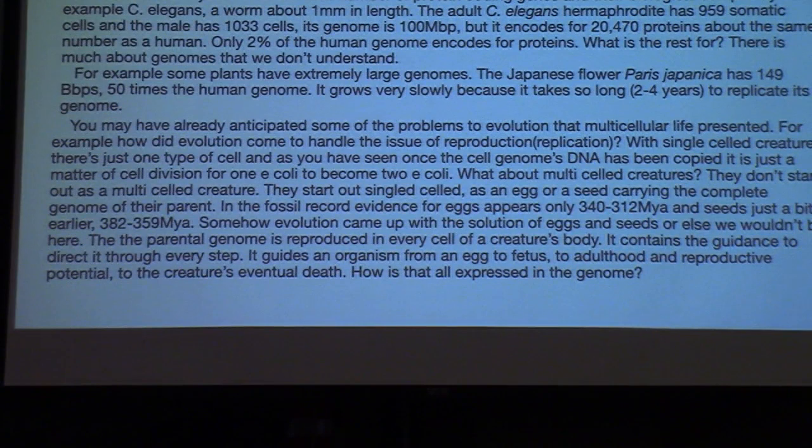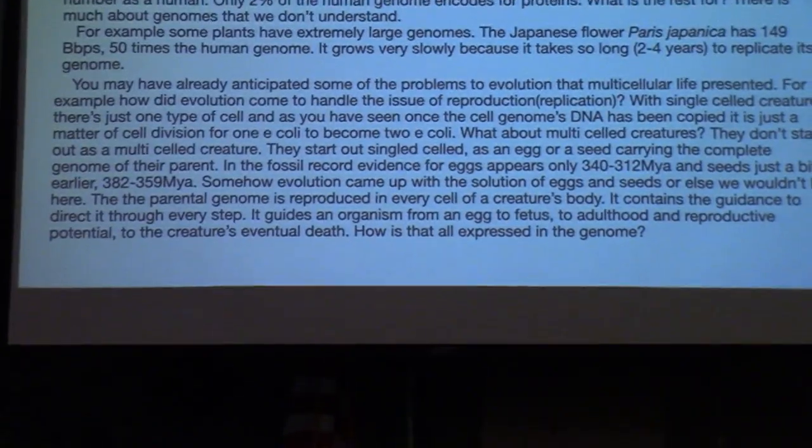And in that single cell is a complete genome given by the parent to that egg or seed. The fossil record for eggs only goes back about 300 million years, and seeds seem to occur in the fossil record a little earlier.